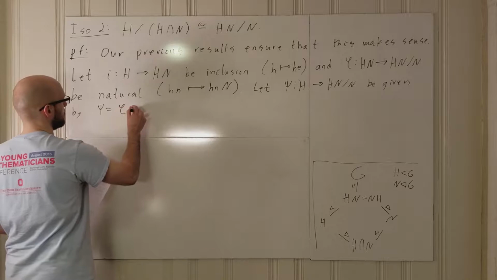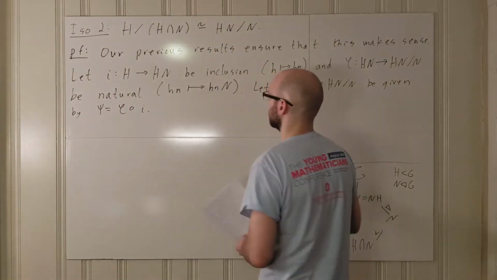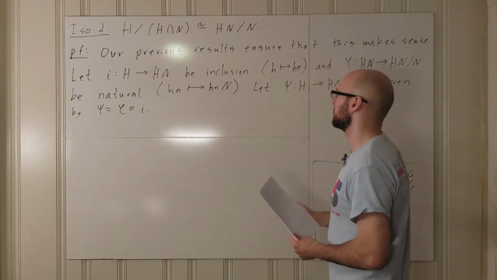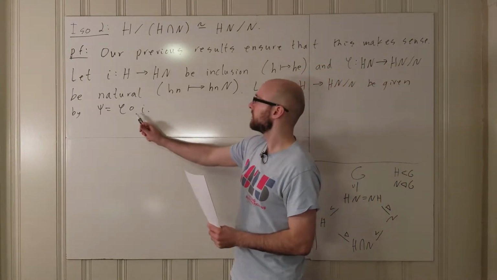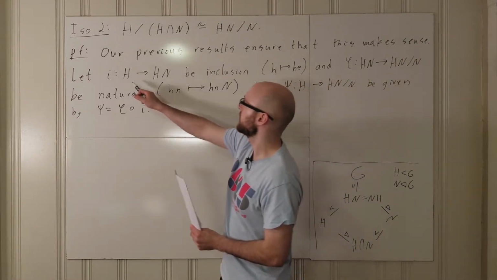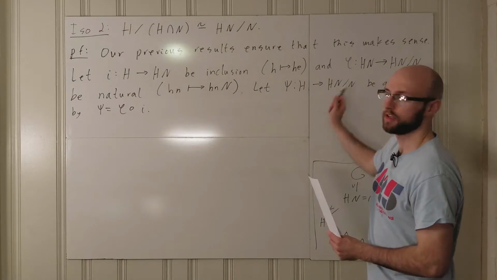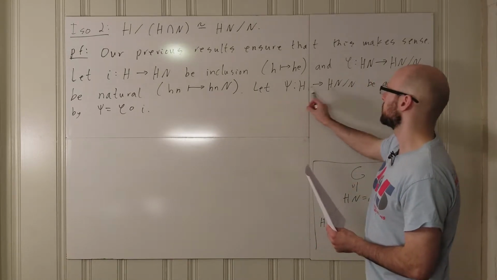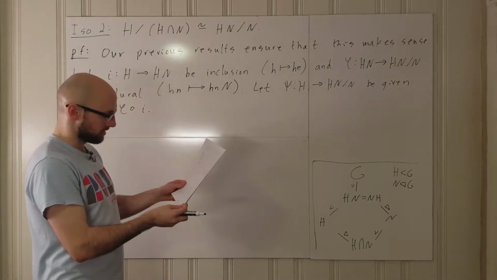I use phi and phi interchangeably, I think. I don't really listen to myself talk that much. But, so phi of i. So the inclusion map is going to go from H to HN, and phi is going to go from HN to HN mod N. So this whole thing goes from H to HN mod N.